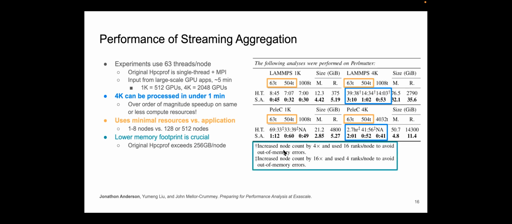In fact, now we can use all of the cores on a node with HPCToolkit when we're analyzing performance data. Previously, we had to use either 4 or 16 MPI ranks per node because we ran out of memory. With the highly multi-threaded version, it has a much smaller memory footprint, and so we can use all the cores without running out of memory.